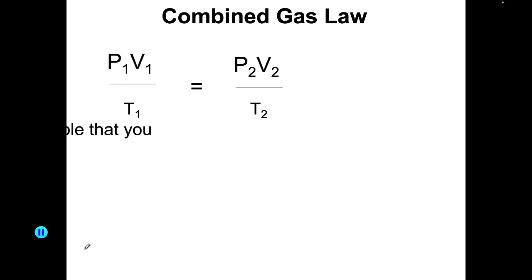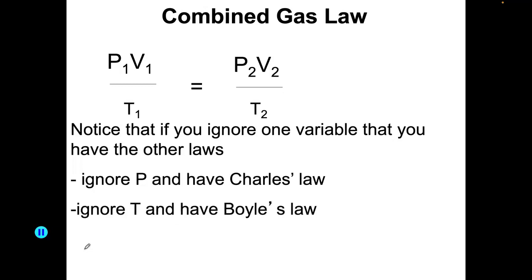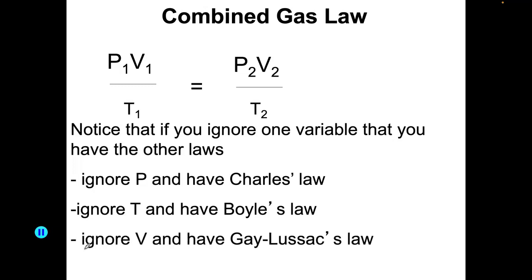All right, so here's our equation. Notice if you ignore one variable, you have the other laws. If we ignore the P, we have Charles's law. If we ignore the T, we have Boyle's law. And if we ignore the V, we have Gay-Lussac's law.